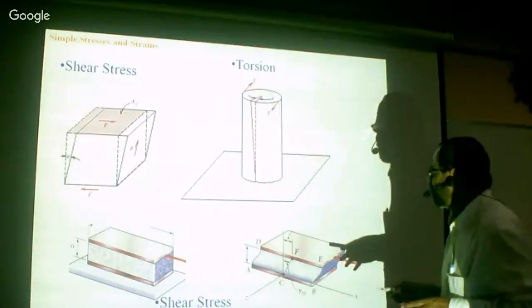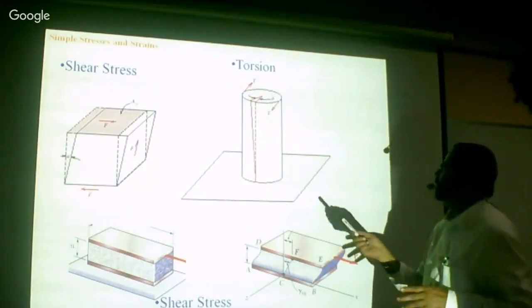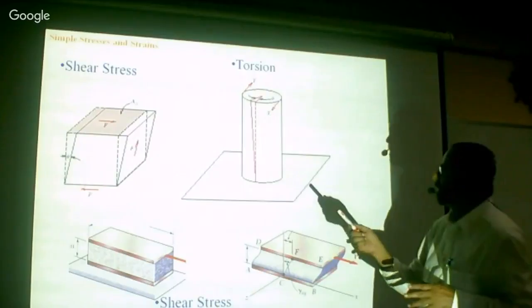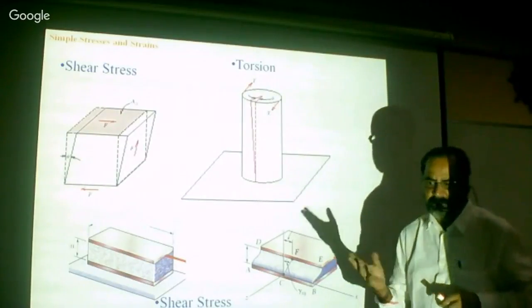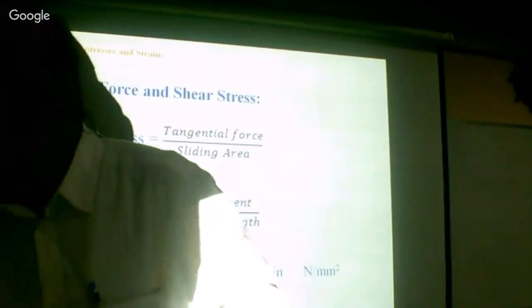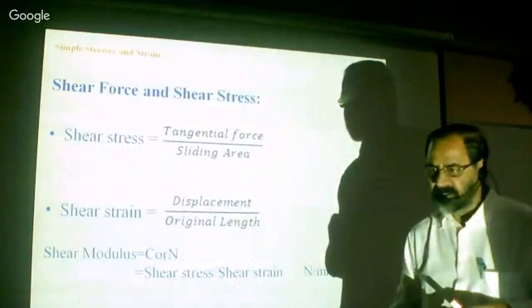This is one of the most important cases one should address here. Both mechanical engineers and civil engineers should take care of this.